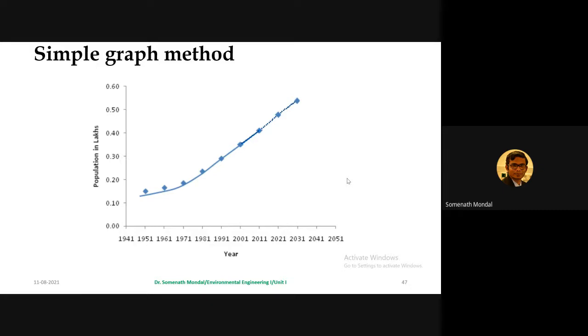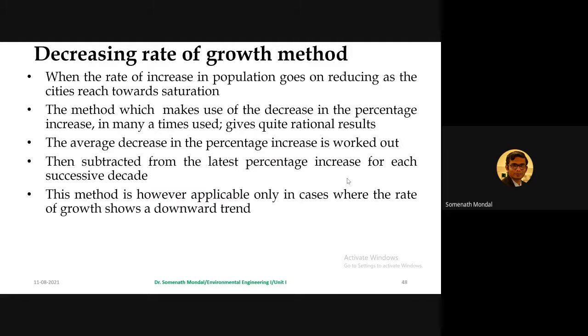So that's a very pertinent way to make the simple graph method much more reliable, we can say. So with this, we'll go to the decreasing rate of growth method.